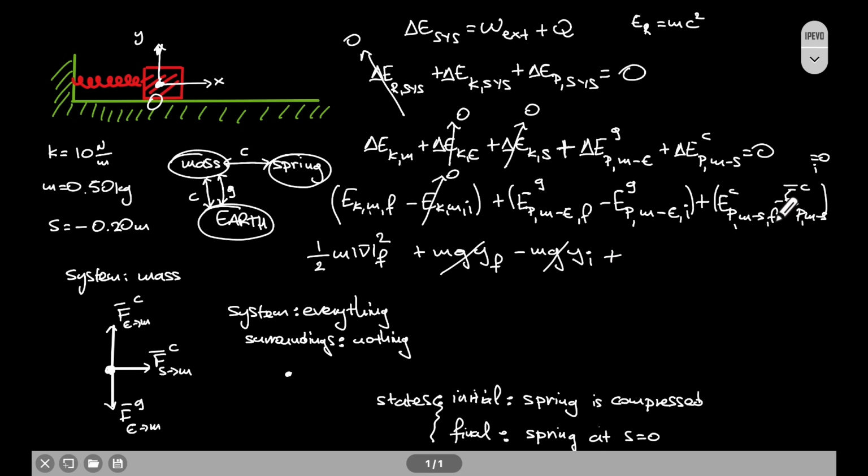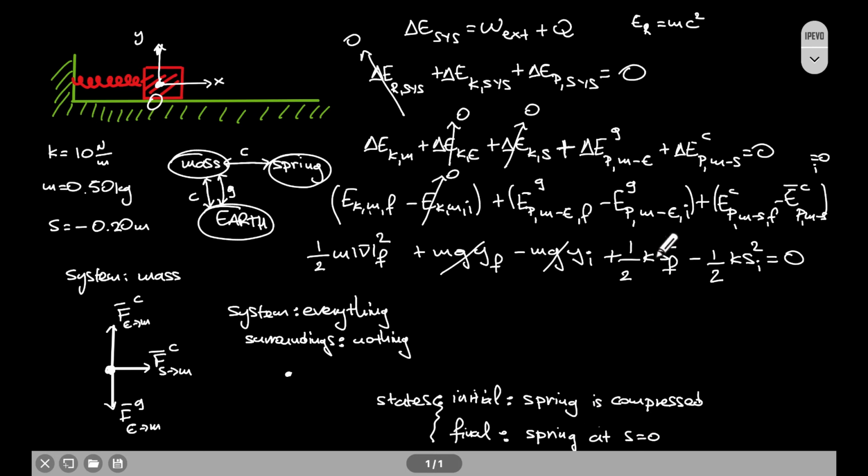Now I have the final potential energy of the mass spring, 1/2 k s squared final, minus the same thing in the initial state, 1/2 k s initial squared, and all of this is equal to 0. I mentioned the final state is when the spring is neither compressed nor stretched, which means s equals 0.